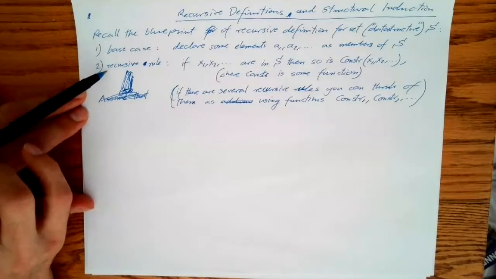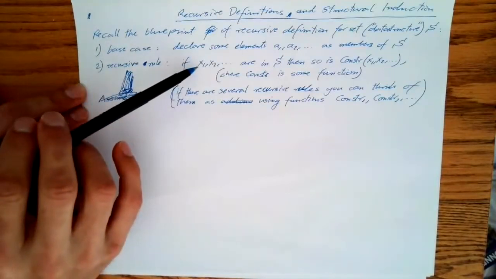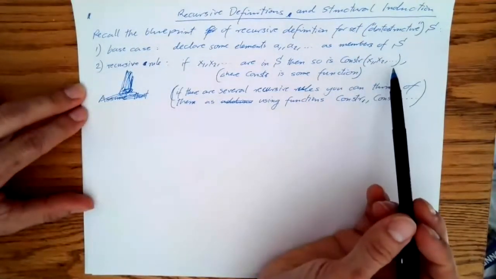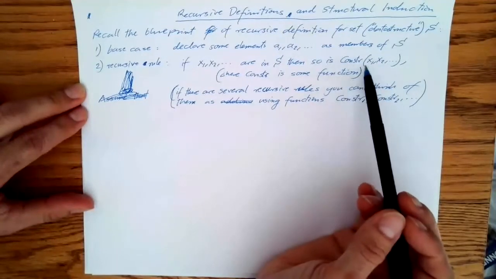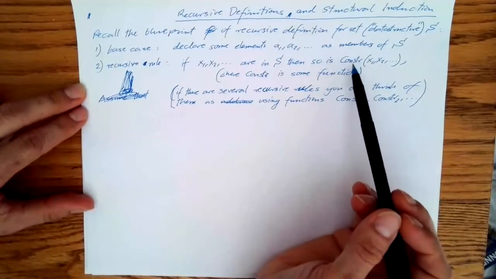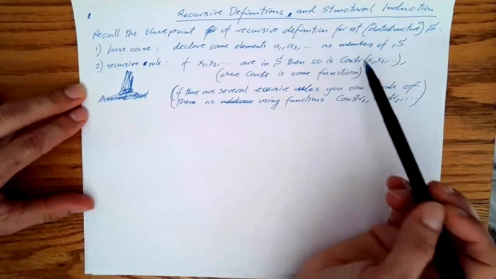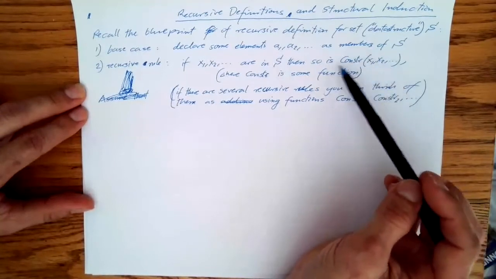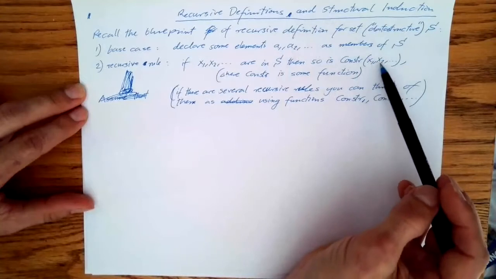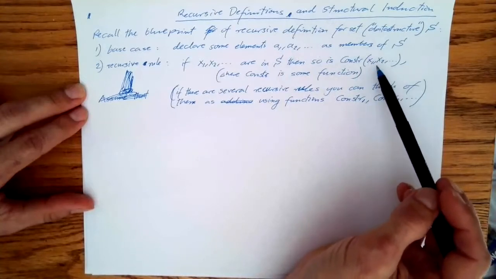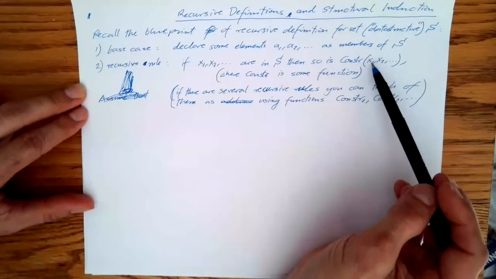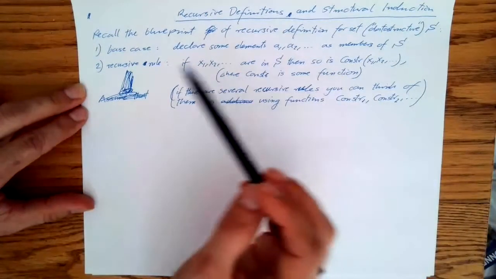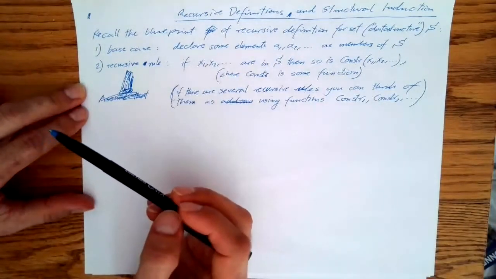Then you have a recursive rule that says that if some bunch of objects are in the set, then so is some function of these objects. And this function, I call it const for construction, because typically what this does functionally in this context is that this function takes a bunch of objects and creates a new one based on that, that somehow uses these objects x1, x2, ... And every recursive definition has this form.